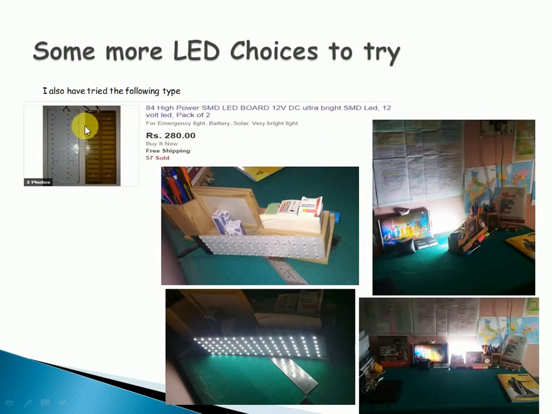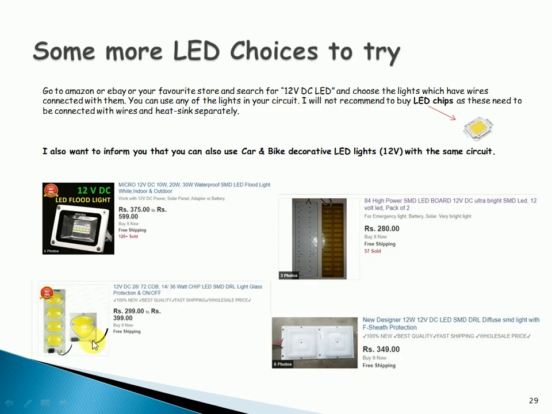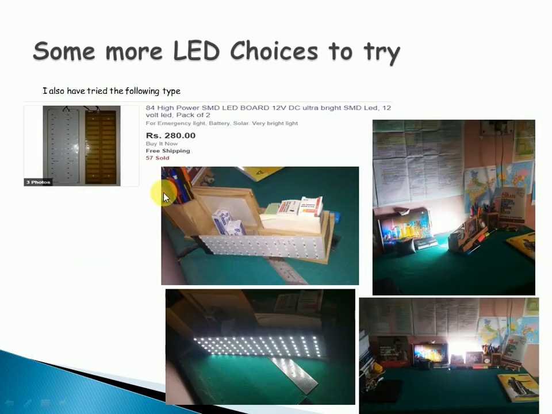Now you can see this light, the previous light, then this one, and this one is the same I have used here. I have just put this light behind my pen stand. This one is the pen stand, this one is the LED bar, and this one is the LED wire which is connected with the LED driver.